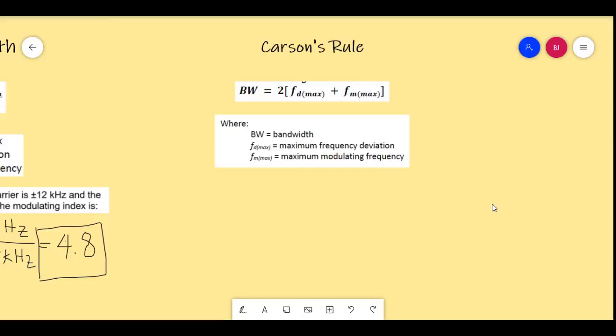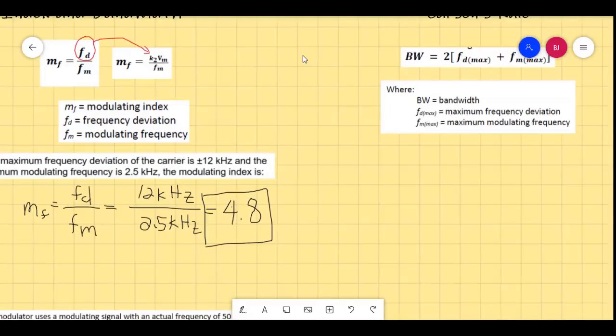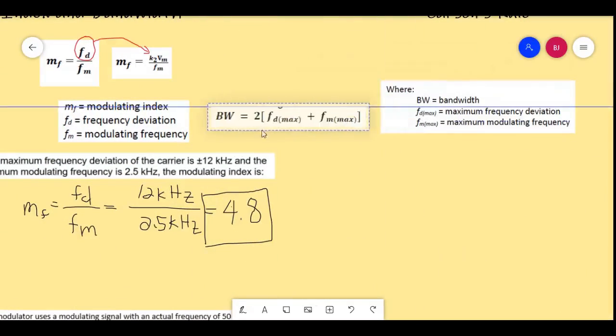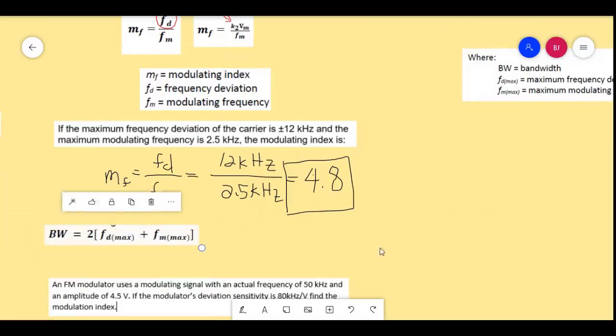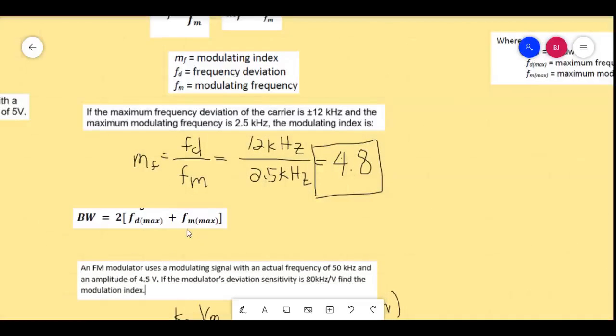So we just add the two of them together and then double it, or multiply it by 2. So let's use Carson's rule in order to determine the bandwidth for our previous problems, as we already have the necessary values in order to determine bandwidth.